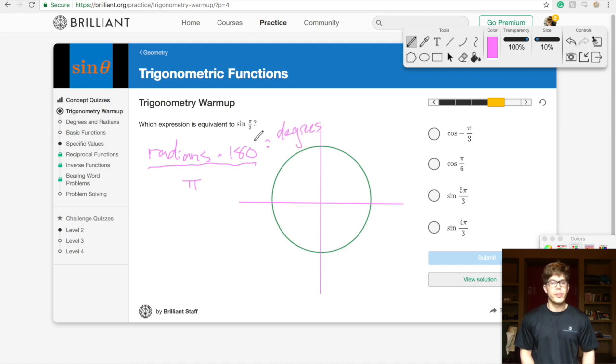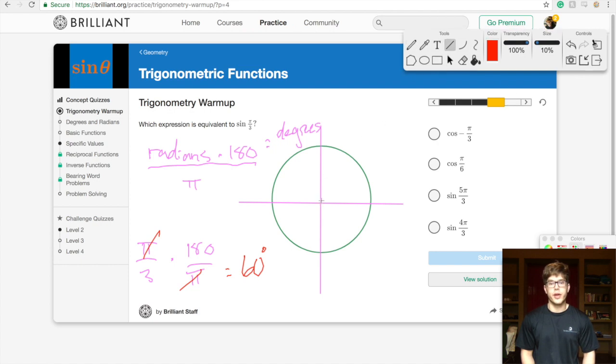So if we do pi over 3 times 180 over pi, then our pi's will cancel. And 180 over 3 equals 60. So this is 60 degrees, whichever way is most comfortable for you to think about it.